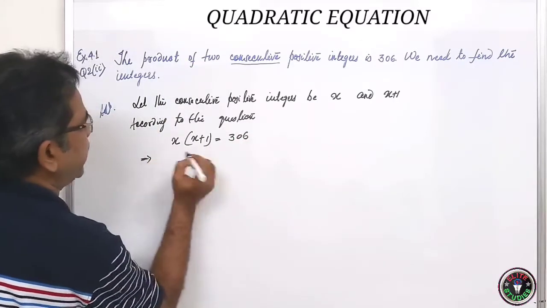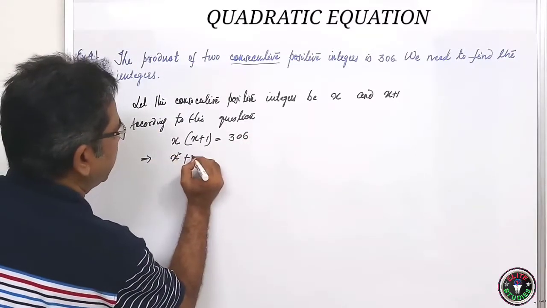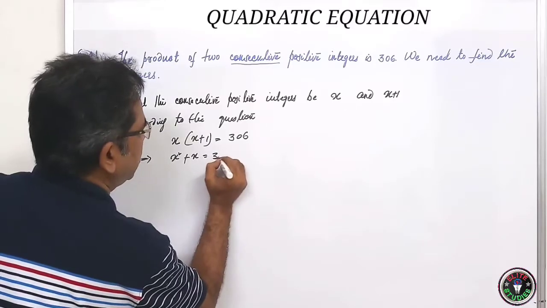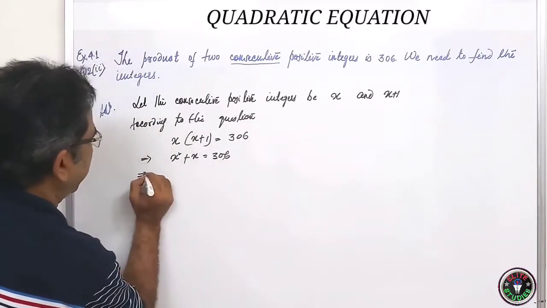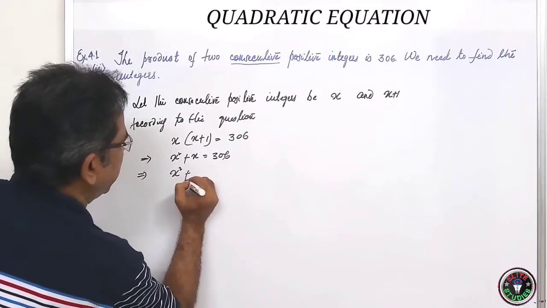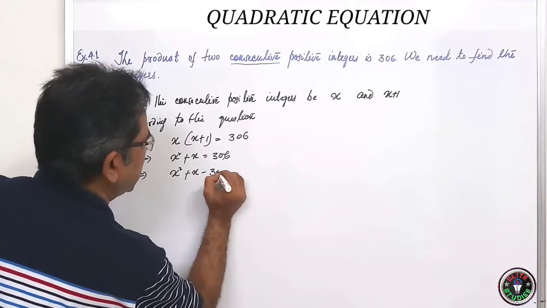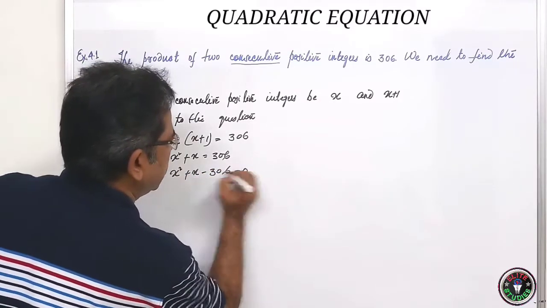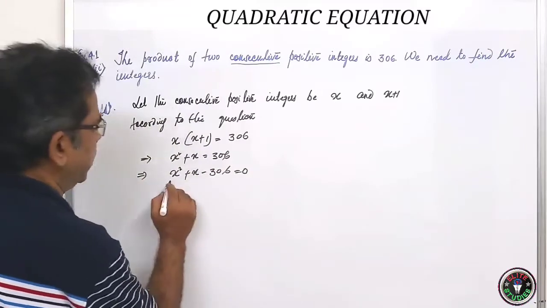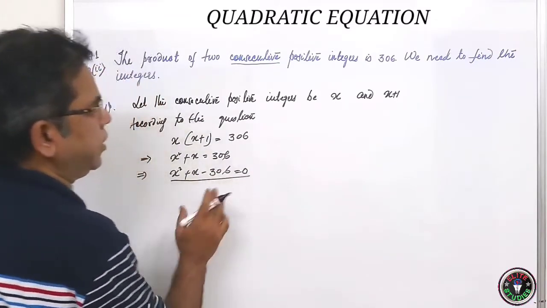If you open it, it will be x square plus x equal to 306, and hence x square plus x minus 306 is equal to 0. So this is the equation, and that is our answer.